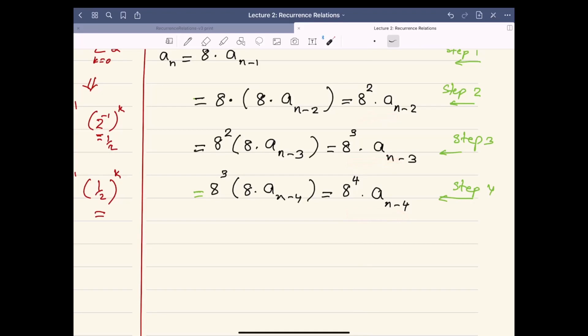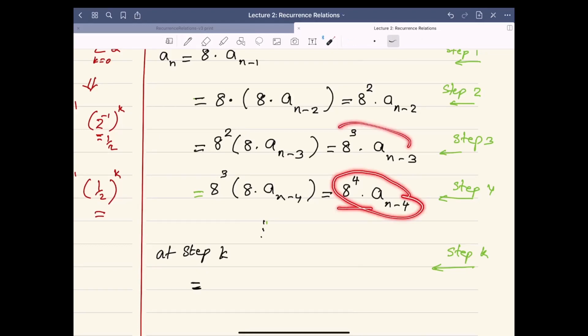Now the question, when you continue this, at step K, what will this equation be equal to? If this is at step 4, this is what we have. This is step 3.